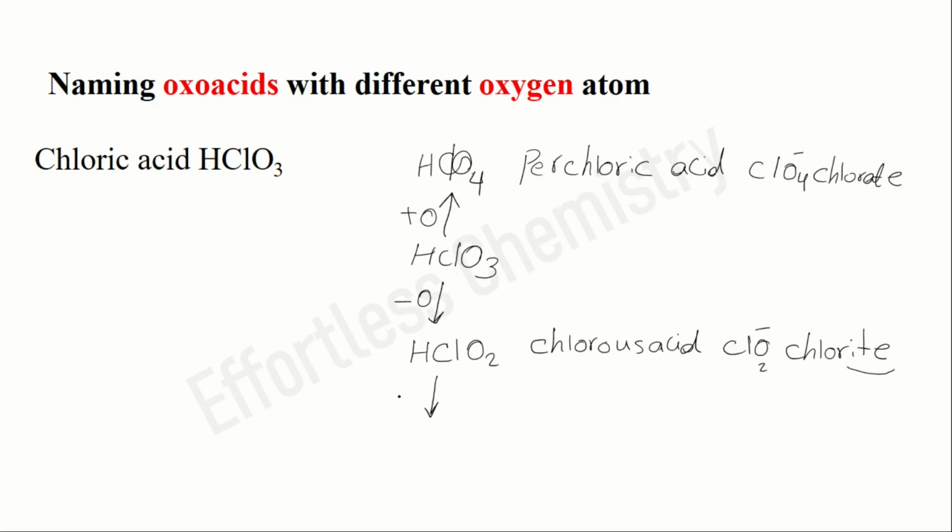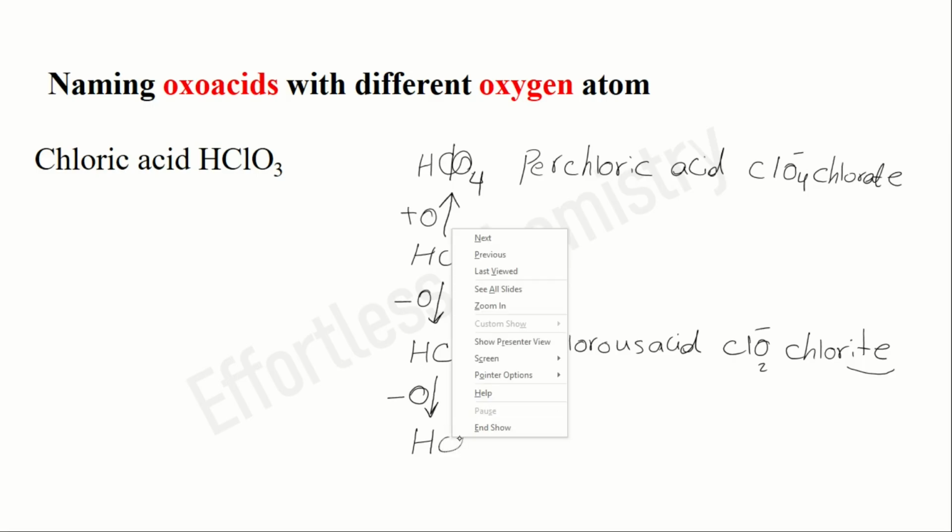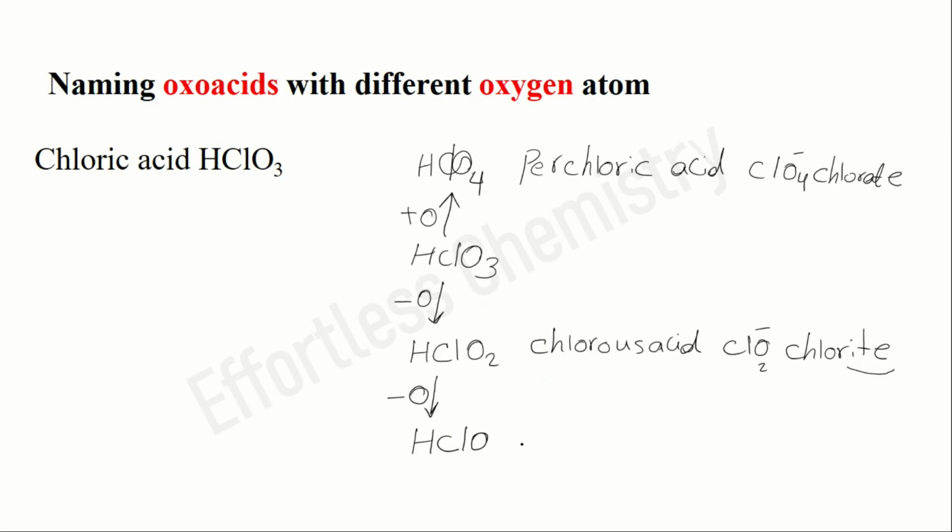Elimination of one extra oxygen from chlorous acid leads to another oxoacid called HClO, with the prefix hypo and, again, the suffix -ous: hypochlorous acid.